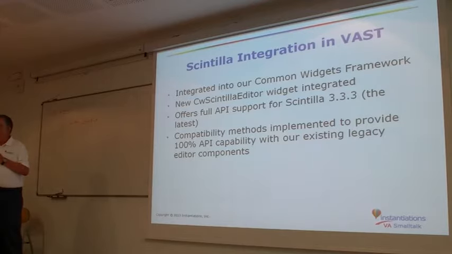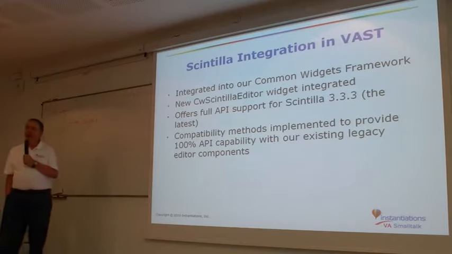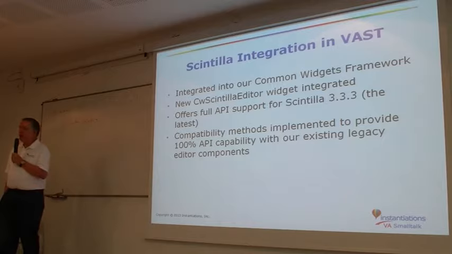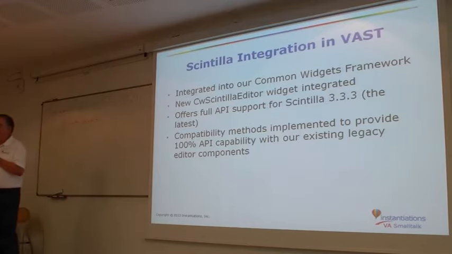We offer full, and I mean full, every API of Scintilla has been exposed in VA Smalltalk. It says Scintilla 3.3.3. It was the latest version as of probably 3 or 4 months ago when we froze development. There may be a newer version now, but this was true at that time.